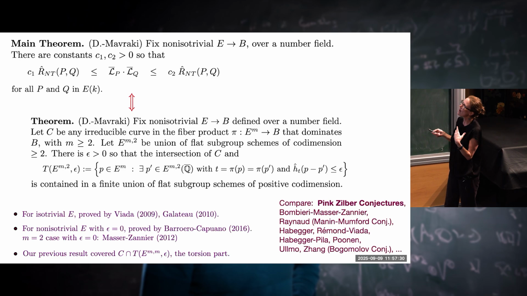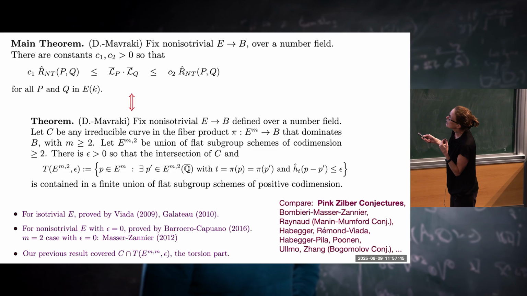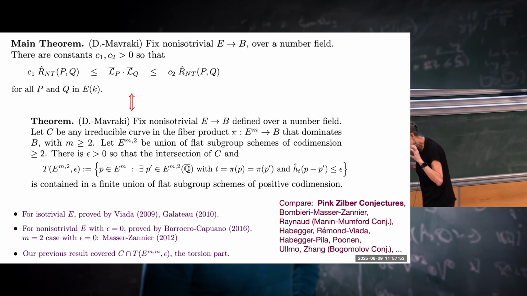I have a non-isotrivial elliptic surface defined over a number field. Let's say you take a curve in the fiber power over the base, like a section of some fiber power. And then you look at the collection of all flat subgroup schemes inside this space of codimension at least 2.